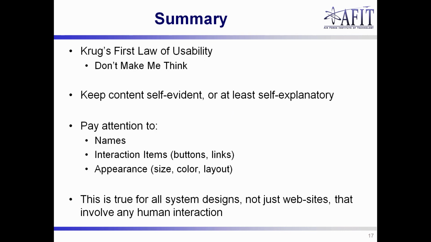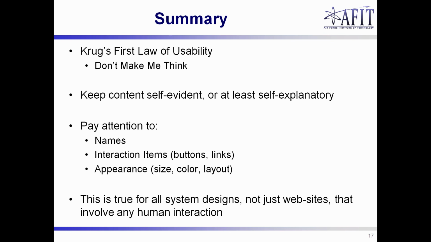All right, so in conclusion, we went over Krug's first law of usability, which is don't make me think. The big principle is to keep your content self-evident, or at least self-explanatory. You want to pay special attention to your names, your interaction items, and the appearance of those interaction items, and the names as well.